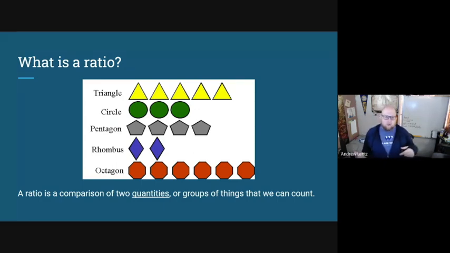Well, I can count to 42, but I don't have 42 things in front of me to count. Okay? So we are talking about a quantity, a physical thing that I can touch or see or visualize, a noun. If you're going to let me pull in writing, I'm counting nouns. 42 is not a noun. It is an adjective. So we're comparing quantities or actual things when we use ratios.